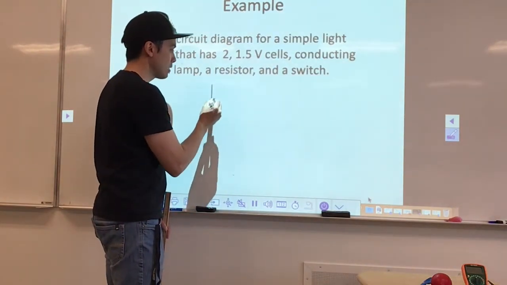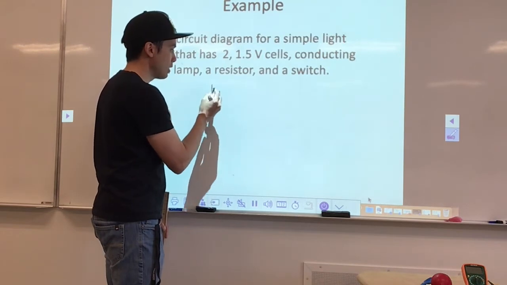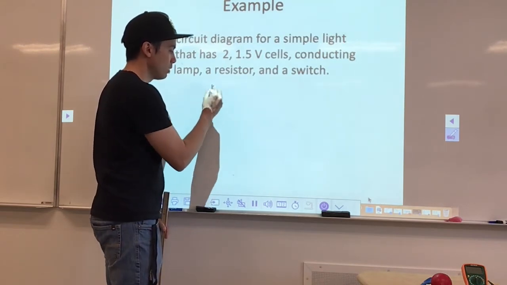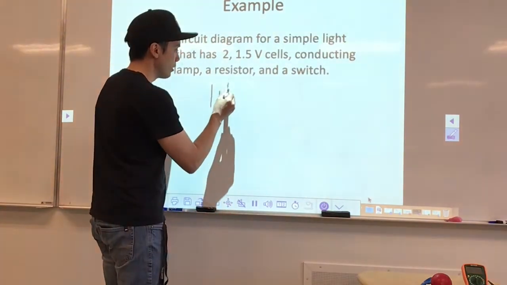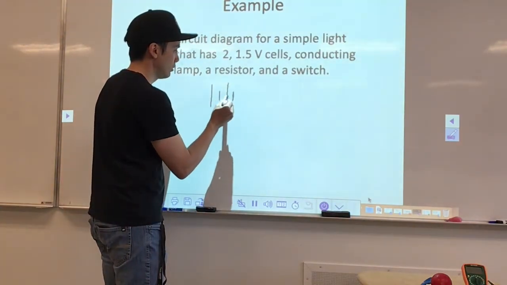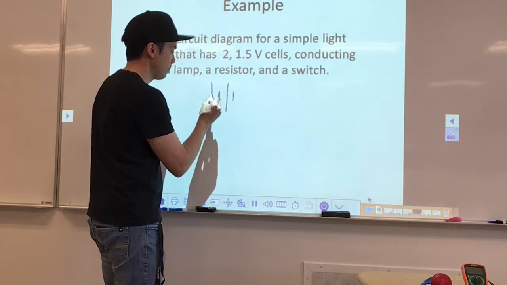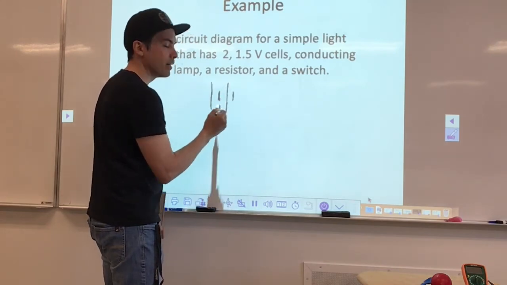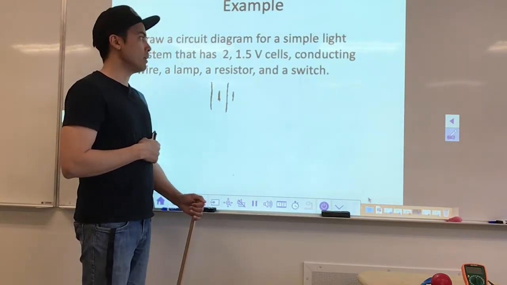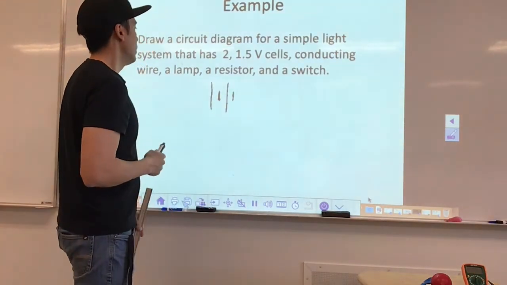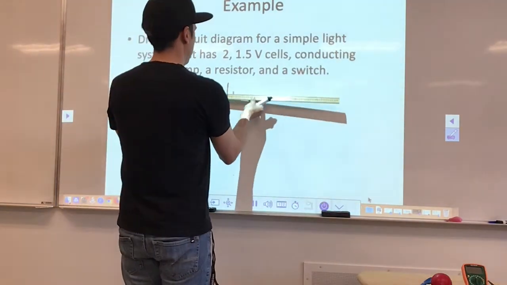A cell kind of looks like this, a big line and a small line, where the big line represents the positive end of the cell, the small line represents the negative. So I want to draw two of these. And as we're going to find out, if we have two or more cells, we actually have made something called a battery.